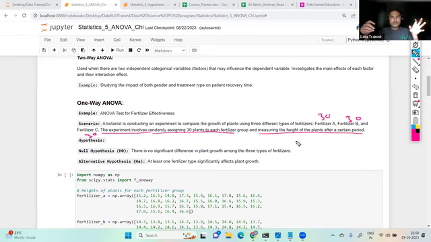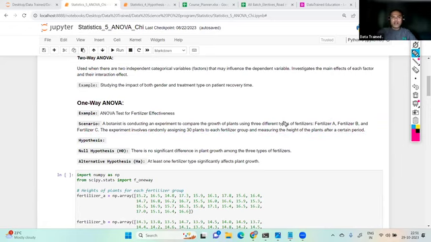For 30 plants we used fertilizer A, for other 30 plants we used fertilizer B, for other 30 plants, fertilizer C. Same type of plant, let's say wheat, or maybe anything you can think of. But same plants for 30, 30, 30. The fertilizer is different.